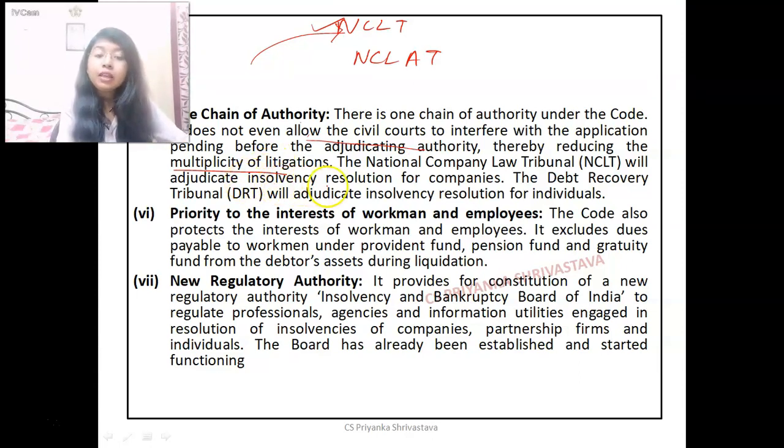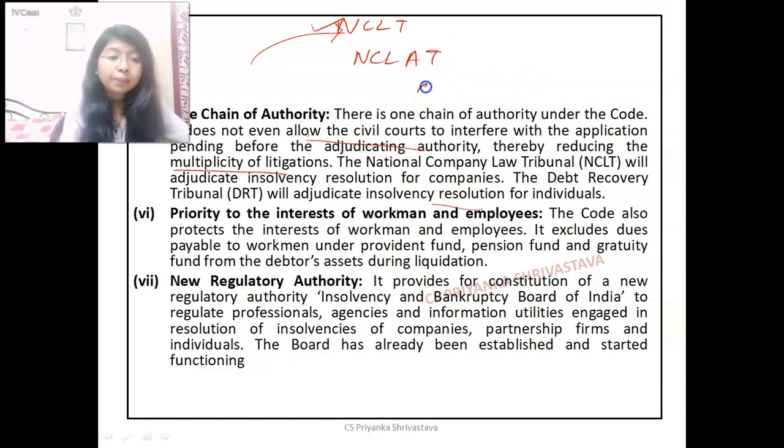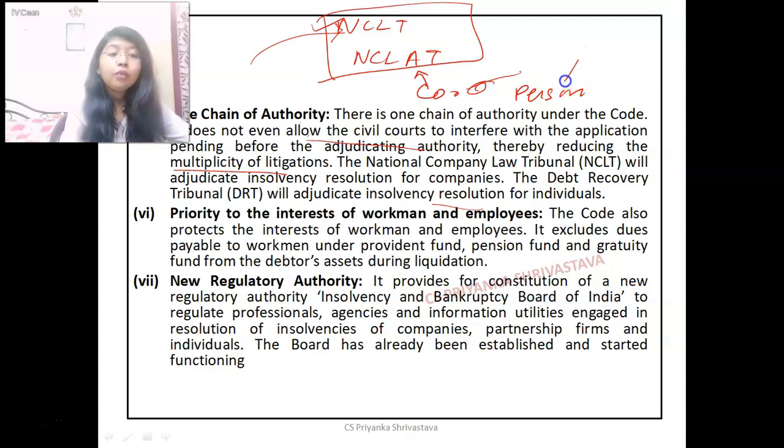NCLT will adjudicate the insolvency resolution for companies, and the Debt Recovery Tribunal will adjudicate insolvency resolution for individuals. Now, if you are a company, then you will go like this: NCLT and NCLAT. And if you are a person, or you can say an individual, then the authority for you is DRT, Debt Recovery Tribunal, and DRAT.